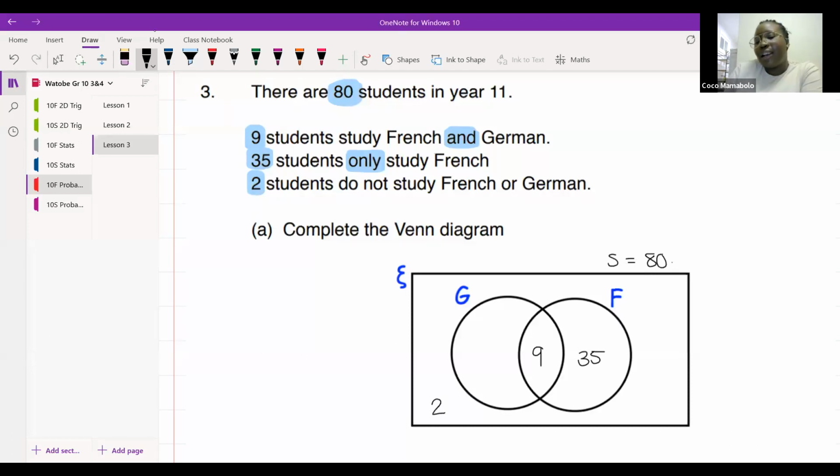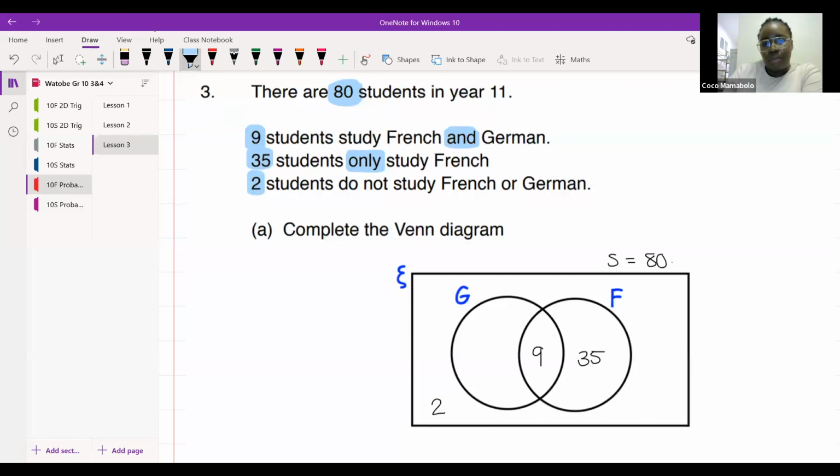Good. Now my next question is, how do we calculate for German? We've already done this. I can't remember writing it down, but I think you take the 35 and then you minus it from the 80, if I'm not mistaken. Correct.